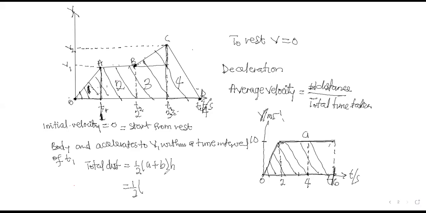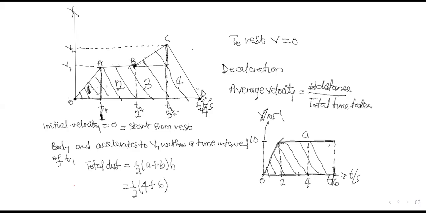From what we have on the board, what's the value of A? 4. Let's hurry up. That is 4. 4 plus, what is B? 6.